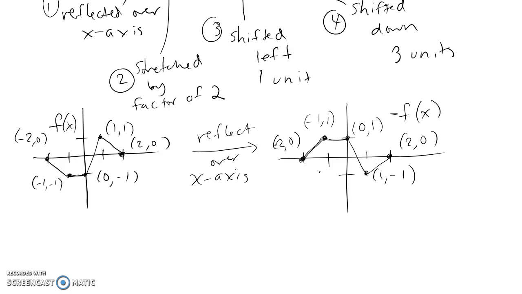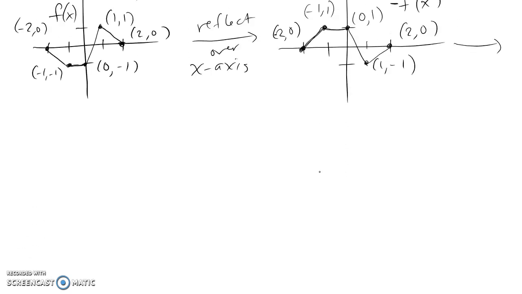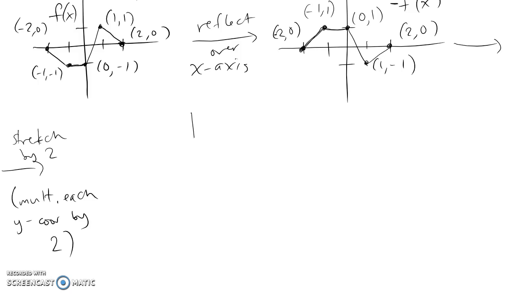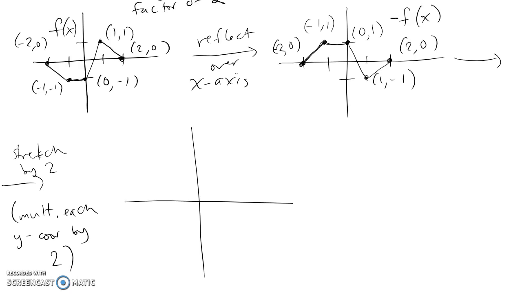Now the next thing we're going to do is stretch by a factor of 2. In practice, that means that we're going to multiply each y-coordinate by 2 because it is a vertical stretch. So again, all of our x-coordinates are going to stay the same as what they have been. We're just going to stretch the y-coordinates of our second graph of minus f of x, multiply them each by 2.